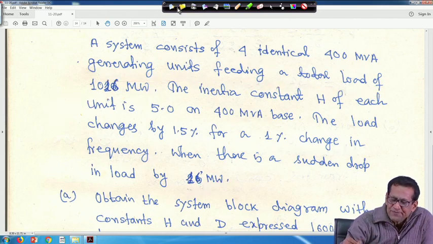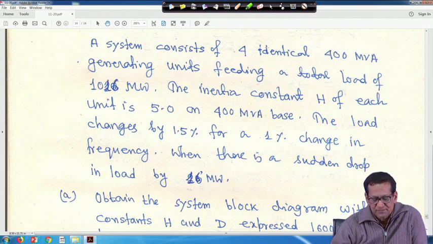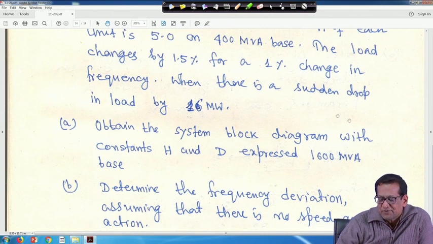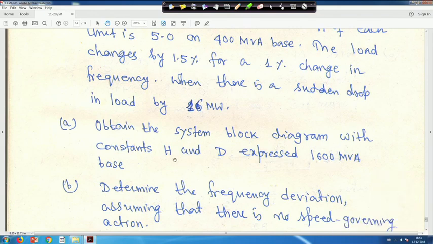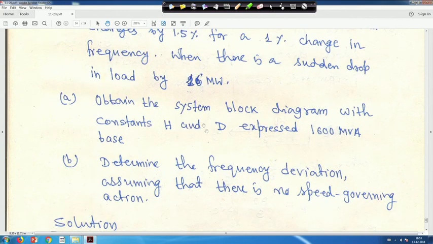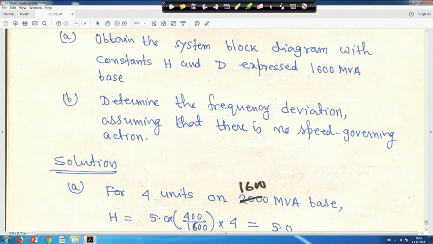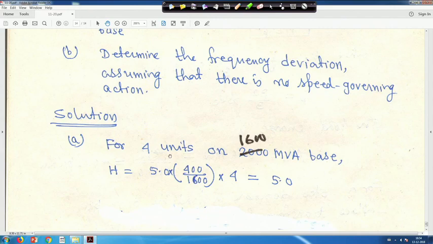You have to obtain the system block diagram with constants H and D expressed on a 1600 MVA base, because there are 4 units of 400 MVA, so 4 into 400 is 1600 MVA base, and determine the frequency deviation assuming there is no speed governing action. First part is for 4 units on the 1600 MVA base.